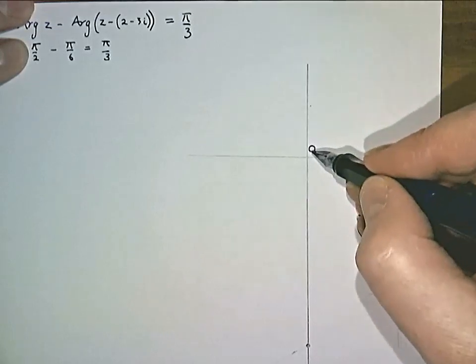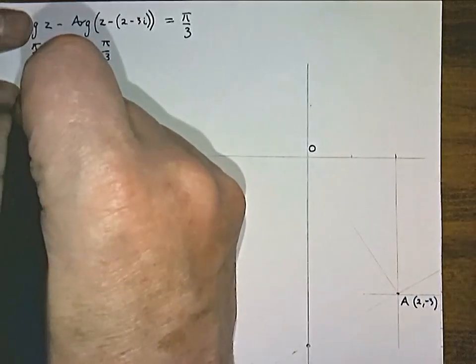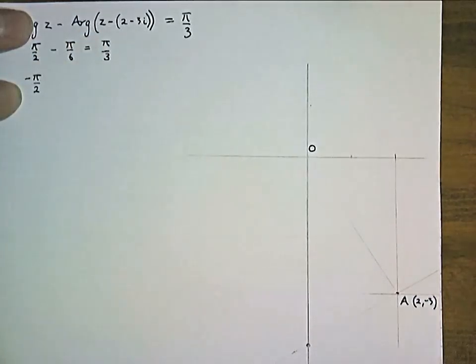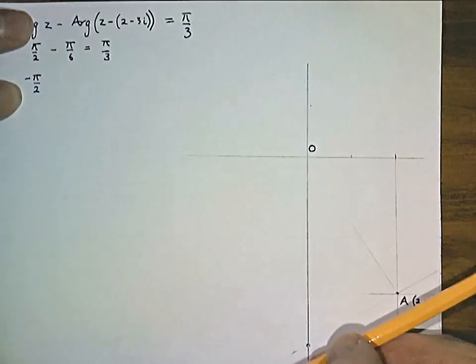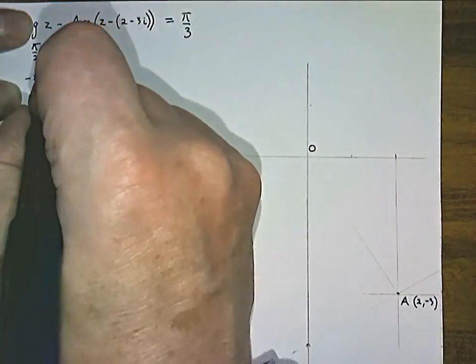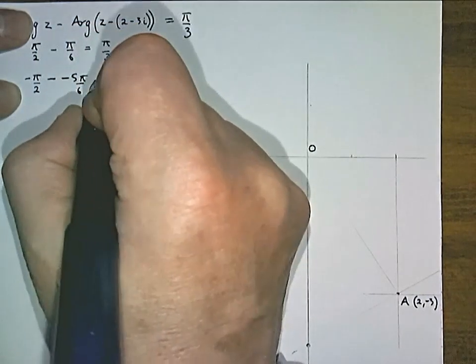So we're going to need the negative, where arg z is minus pi over 2, and where the half line from A has been rotated 5 pi over 6, so that's minus 5 pi over 6. Minus pi over 2 minus minus 5 pi over 6 does indeed give us pi over 3.